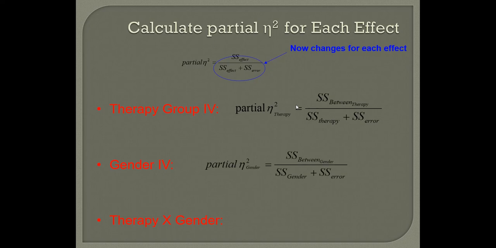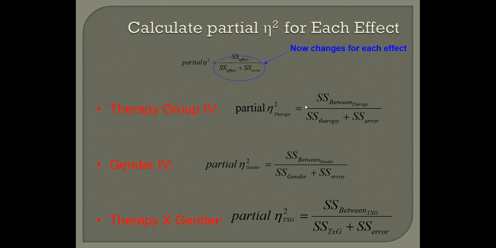But SPSS will give partial eta squared, which can be interpreted as the proportion of the remaining variance that a given effect explains. And by remaining variance, I mean we take out the other effects. So the partial eta squared for therapy group would be the proportion of the variance explained by therapy disregarding the gender variance and the therapy by gender variance.